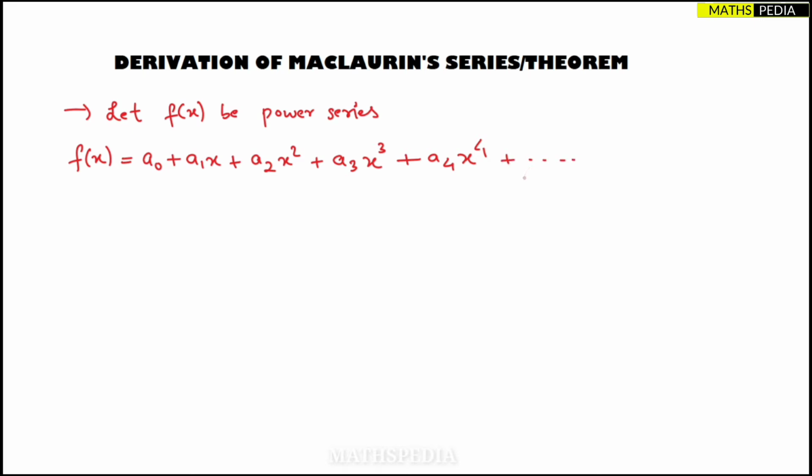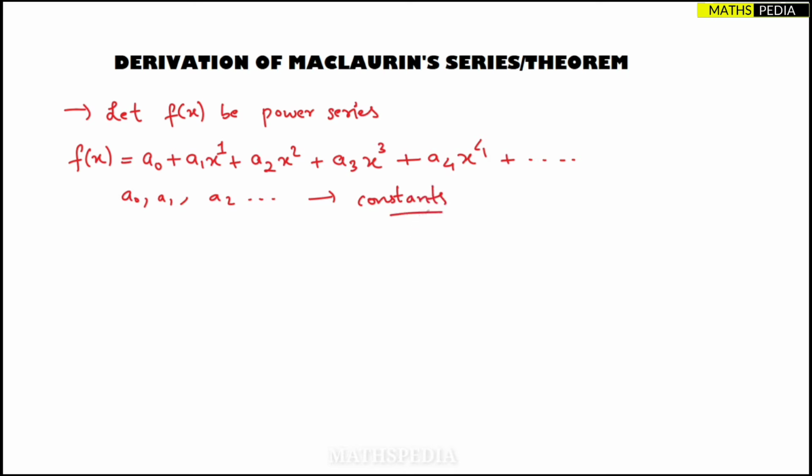So this is just a series. I am taking one power series in which you can see the powers are in ascending order. And what about a0, a1, a2 and all? These are nothing but the constants.